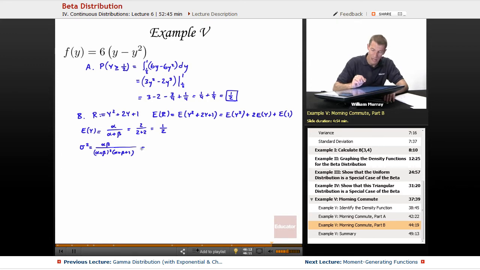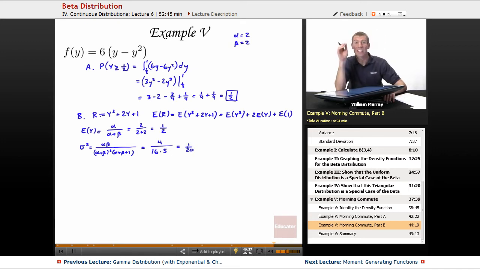Remember, alpha and beta are both 2. That was given to us on the previous slide. So 2 times 2 is 4, divided by 2 plus 2 squared is 16, and then 2 plus 2 plus 1 is 5. So this is 4 divided by 16 is 1/4, times 1/5 is 1/20.